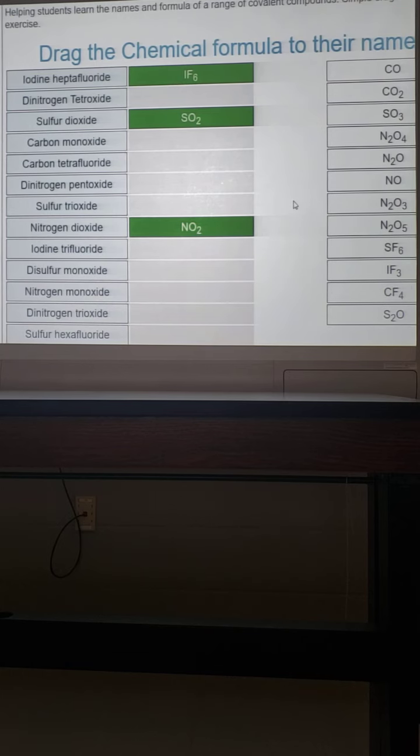Nitrogen tetroxide, yep, did you say, is N2O4. N2O4. Good. So again, the prefix comes before and it drops down and becomes the subscript behind. The tetra, 4, drops down and becomes the subscript 4 behind. Good, you pick. Sulfur trioxide is SO3.